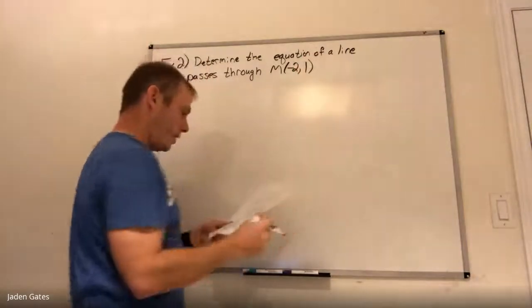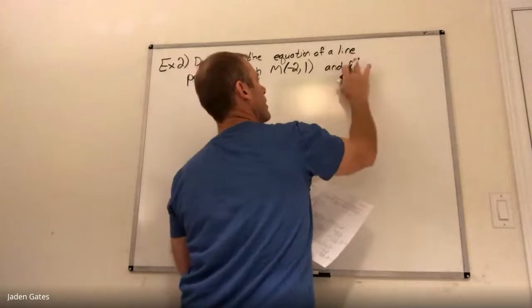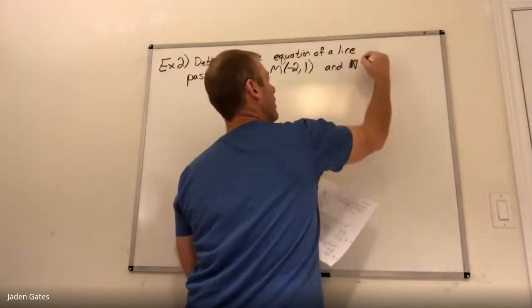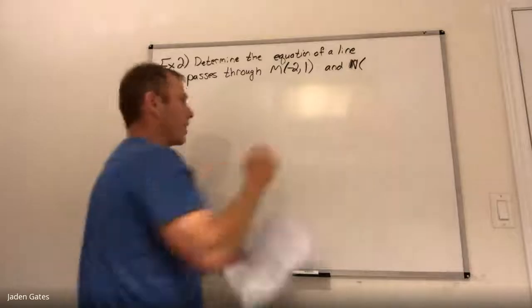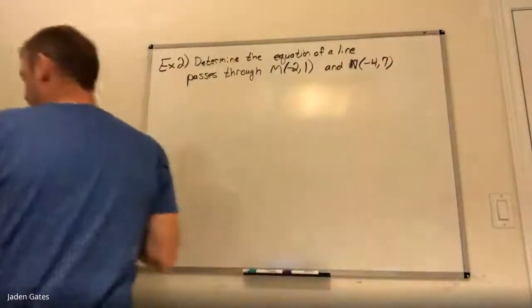So there's one point, and point N, and that point is (-4, 7).